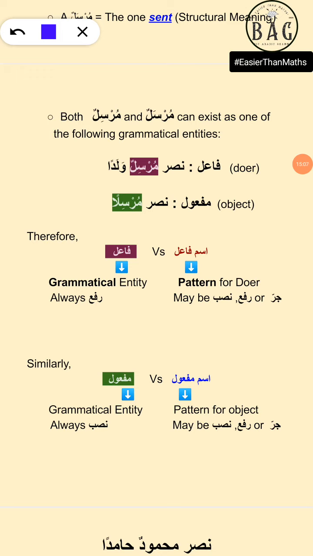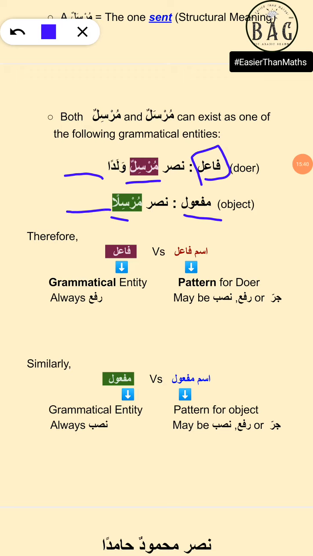For example, if you want to use it as a fa'il, it can be written as nasara mursilun waladan. And if you want to use it as a maf'ul, you can use it as nasab: nasara mursilan. Once again, the pattern remains the same. In both of the scenarios, you have the word mursilun and mursilan, but in the first scenario it has been used as a fa'il, hence in the rafa form, therefore it would be labeled as a fa'il.